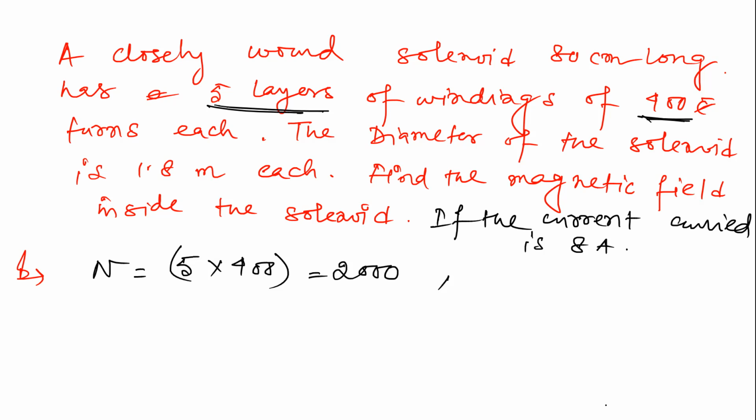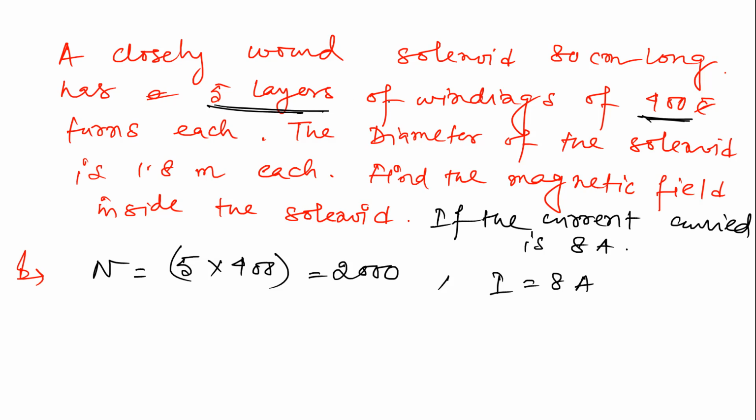Okay, but in this case I have not mentioned the current, I think. Okay, you have just got that answer, 2.5 into 10 to the power minus 2. Let's see whether we are getting the same answer or not. So in this case, the current carried is 8 ampere. So I equals 8 ampere.